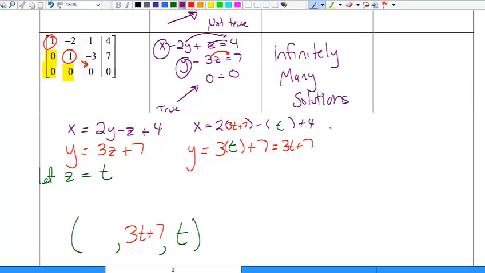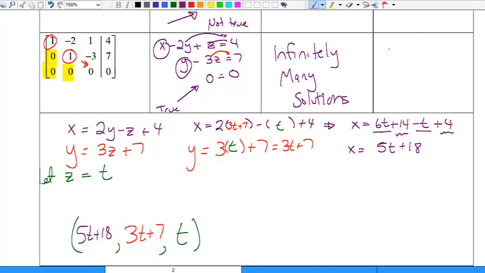If I simplify, x is equal to 6t plus 14 minus t plus 4. When I combine the t's, I get 5t. When I combine the numbers, I get plus 18. So x is equal to 5t plus 18.